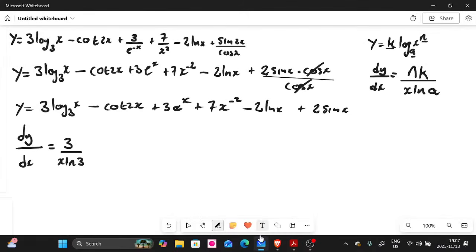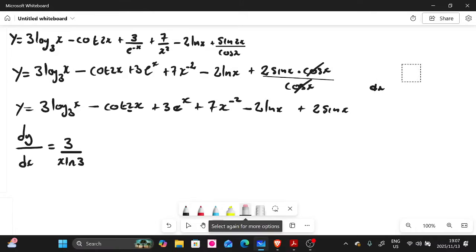But look at the cot that we have there. Let's go back to the question. The cot that we have has the coefficient of x there, which is 2. Now I'm going to show you again how to deal with this one. I hope you are ready. When you are differentiating, first of all we have negative, that negative, you always multiply by the coefficient of x, which is 2 there.